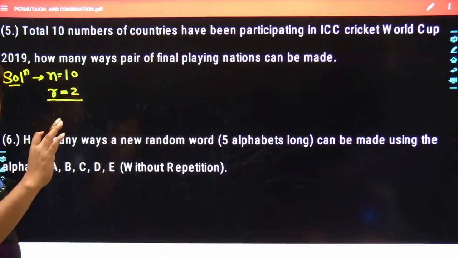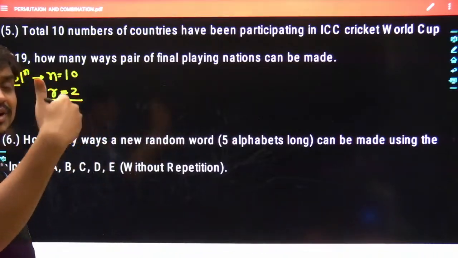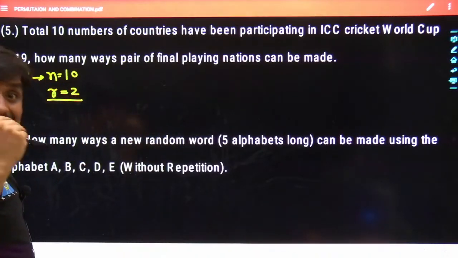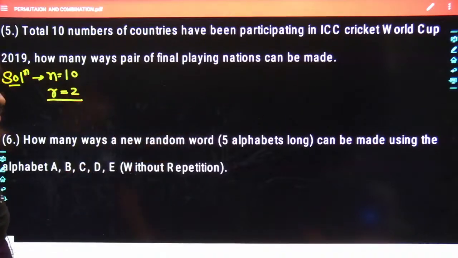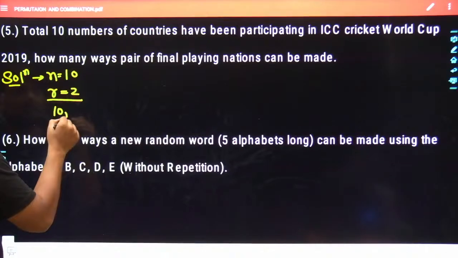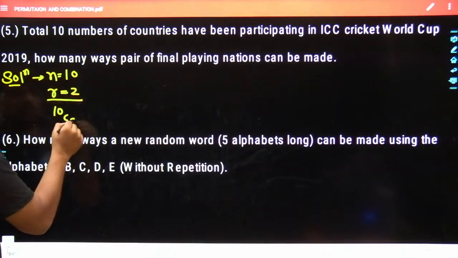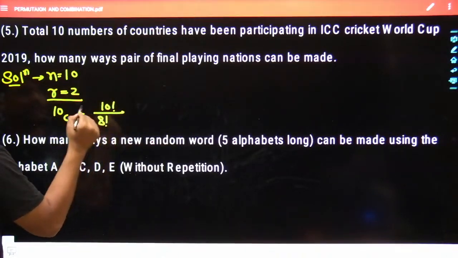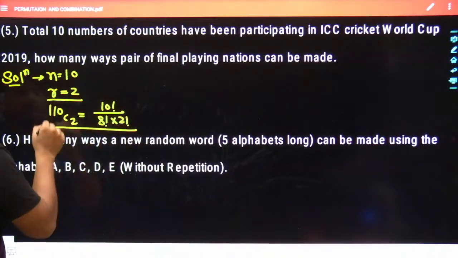What have you been doing over here? Out of the 10 countries, you have been picking 2 countries, and you are not going to do any ordering, because both of them are going to play the game. So it's simply a problem of nCr, where 10 items are there and you are going to select, collect, pick 2 items, which is simply 10 factorial over (10 minus 2) factorial, that's 8 factorial, into 2 factorial.